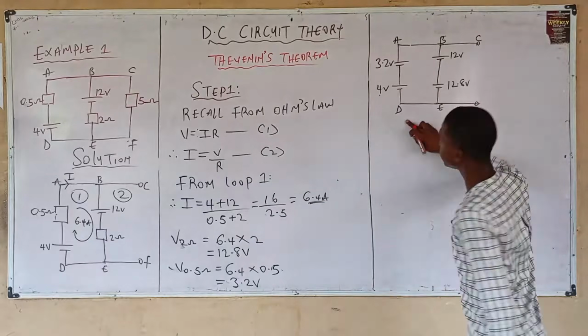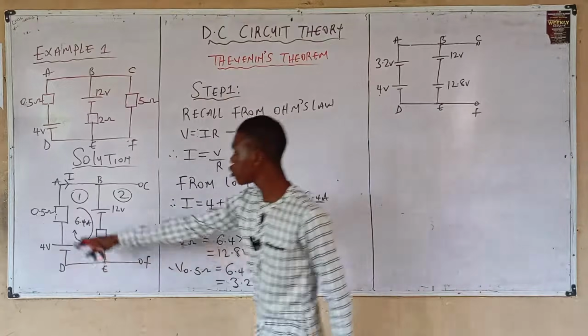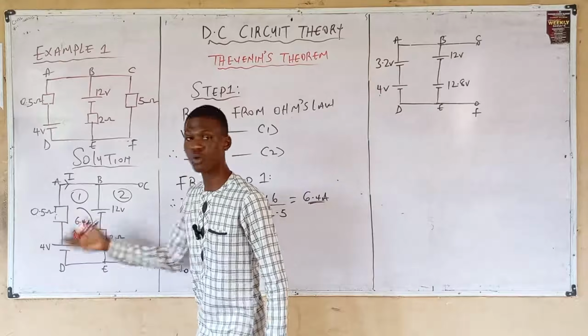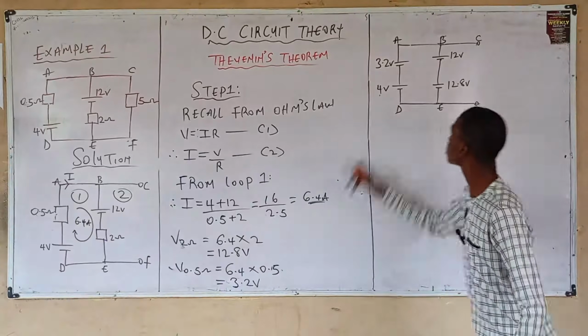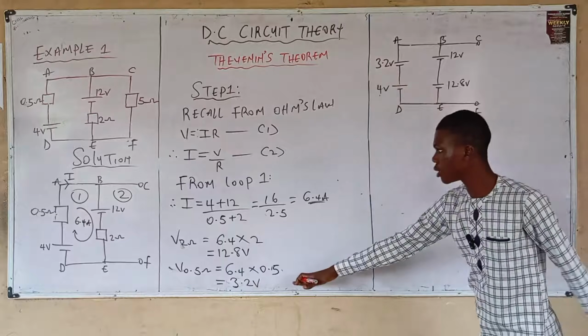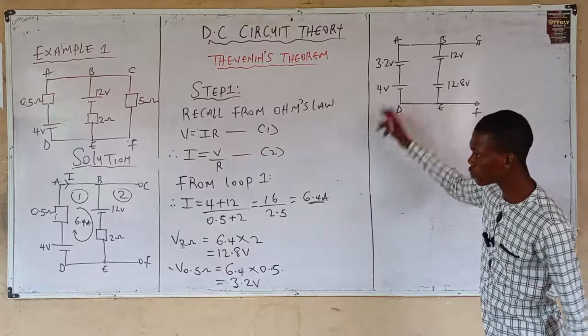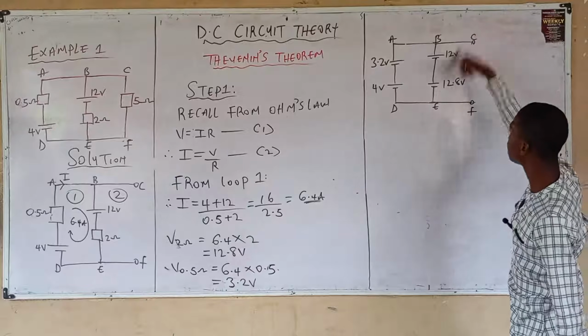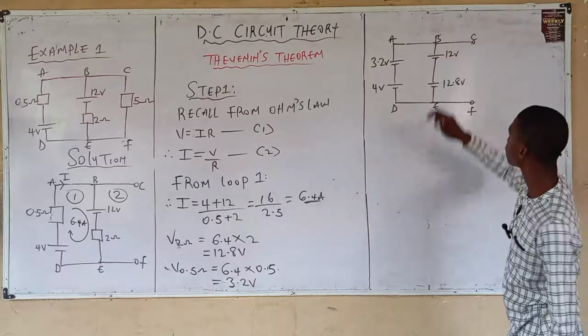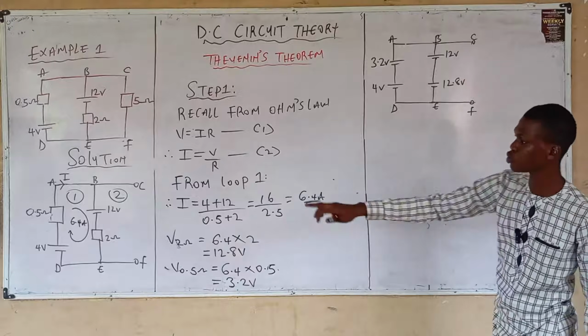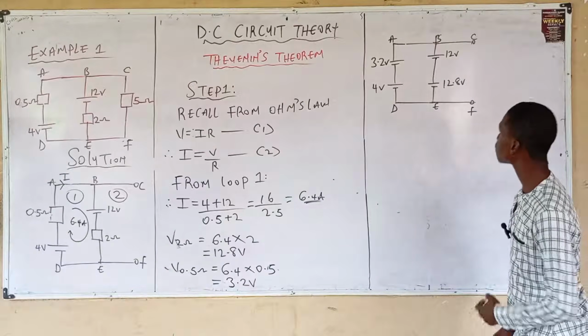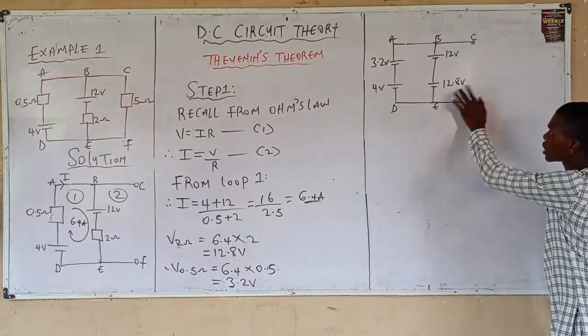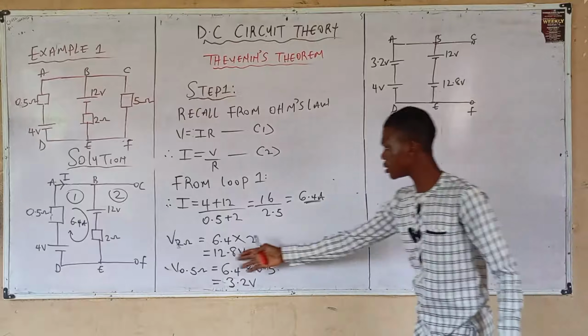For branch AD, we've converted the 0.5 ohms to voltage and the value is 3.2 volts. Similarly, 4 volts from the question. For branch BC, we have 12 volts from the question initially, then the 2 ohms in terms of volts, we got 12.8 volts. So this is it.